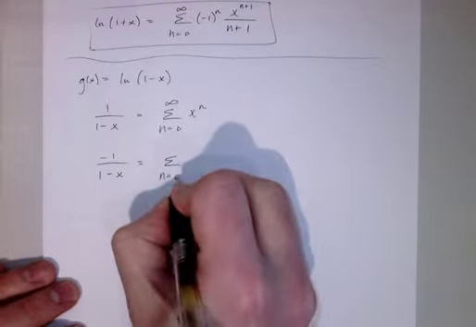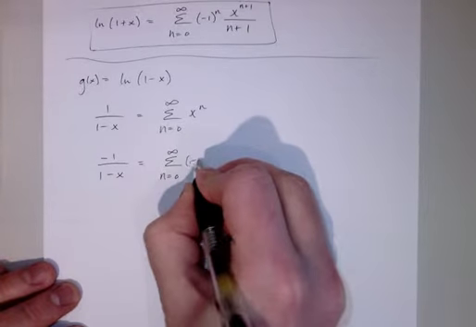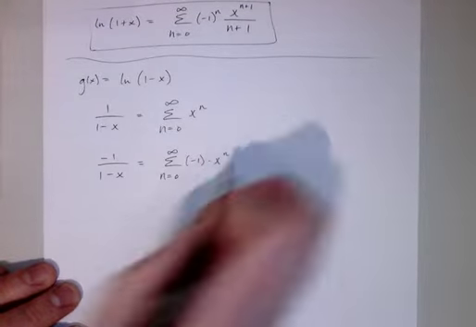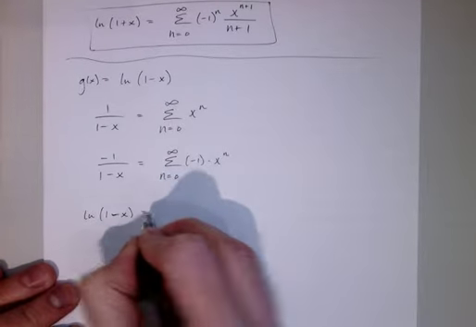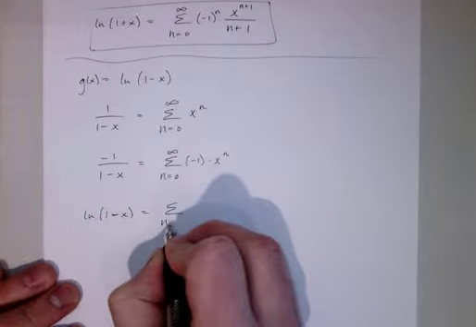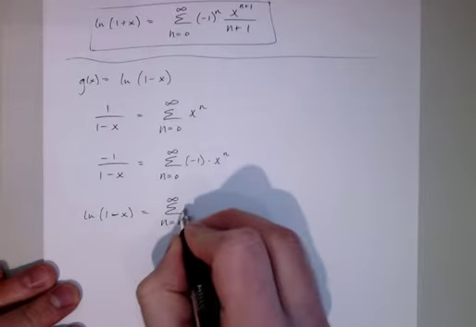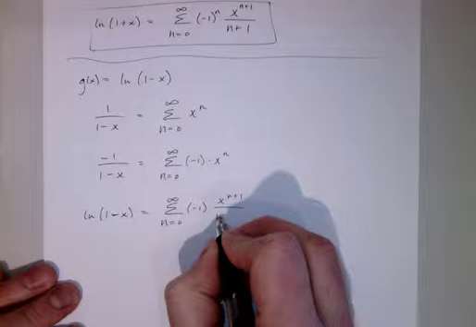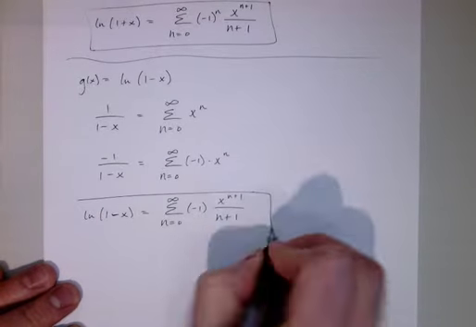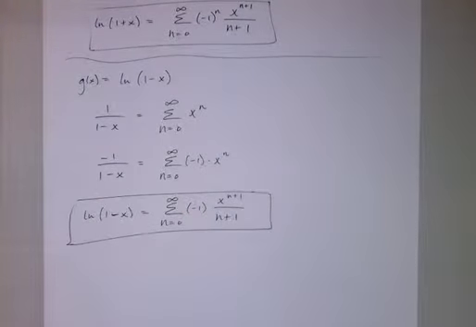So we have negative 1 times x to the n, and then natural log of 1 minus x is equal to sigma, n equals 0 to infinity, of negative 1 times x to the n plus 1 over n plus 1. And that winds up being our power series based upon integration.